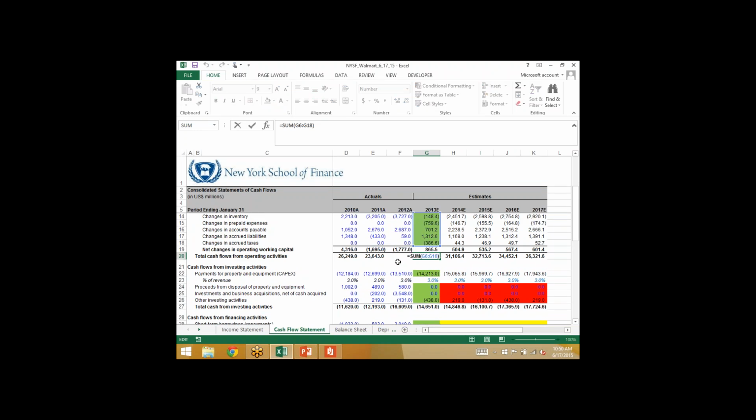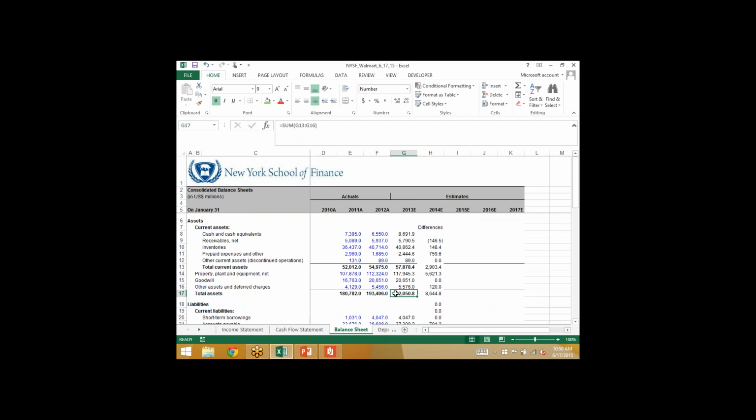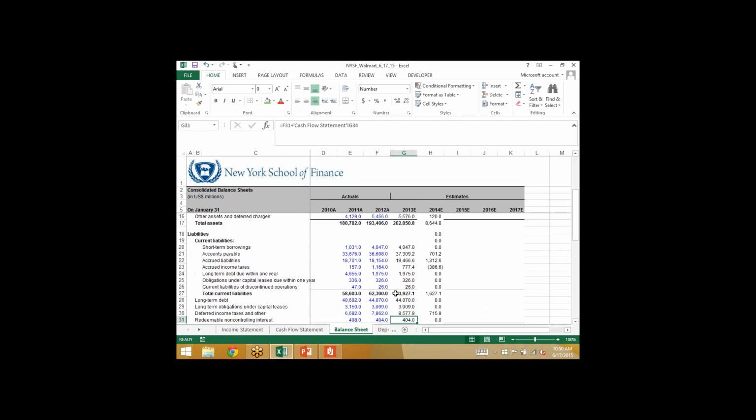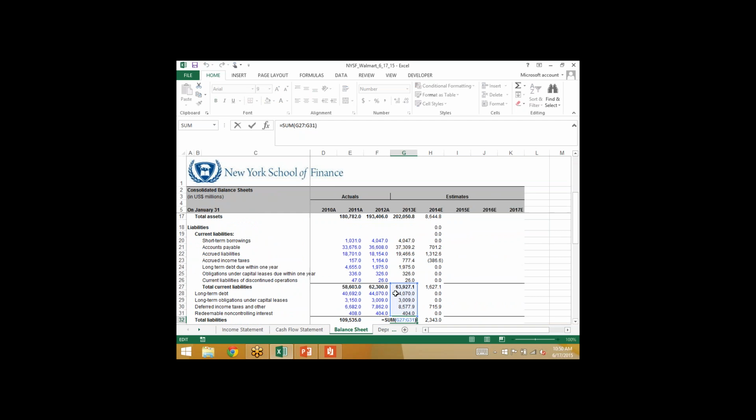Very common: your operating activities is not adding in the working capital, or another common problem is that your total liabilities did not include the current liabilities for whatever reason. If you go through that, your balance sheet must balance.